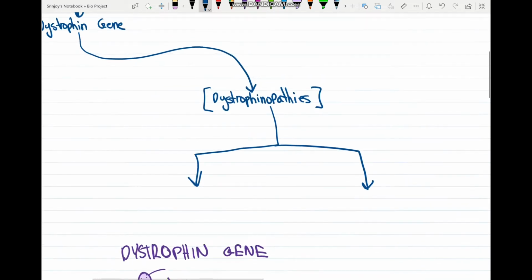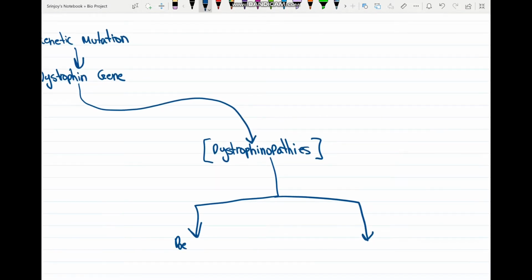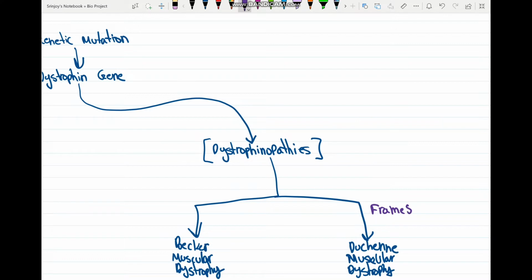This encompasses the whole spectrum of genetic mutation in DMD, including Becker muscular dystrophy as well as Duchenne muscular dystrophy. For the purposes of this project, we will be looking at Duchenne muscular dystrophy, which is caused by a frameshift or nonsense mutation. And we will get to explaining what those are.